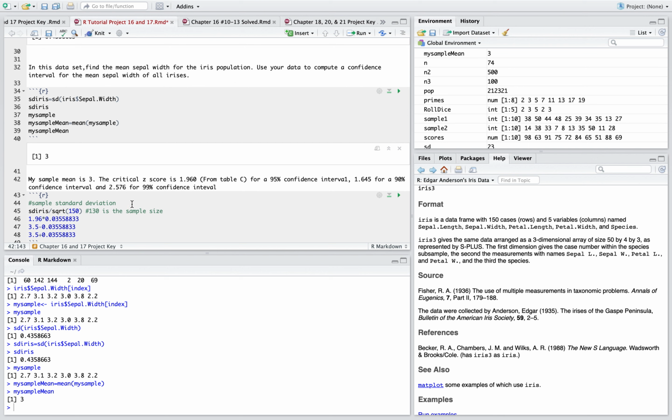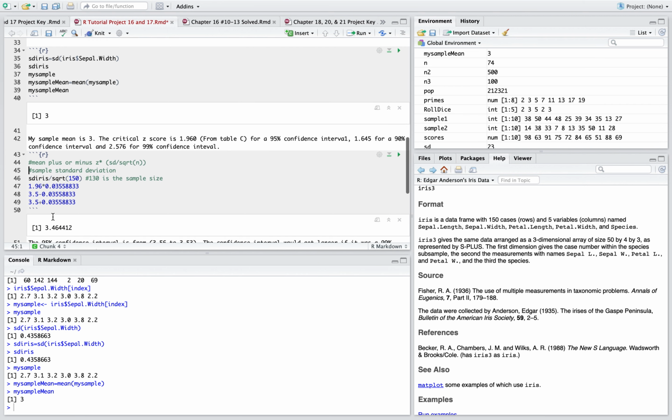Okay, so to find our confidence interval, what we do is we take our sample mean, so we take our mean plus or minus our Z critical times our standard deviation divided by the square root of our sample size.